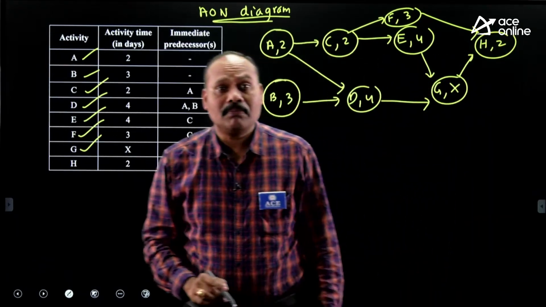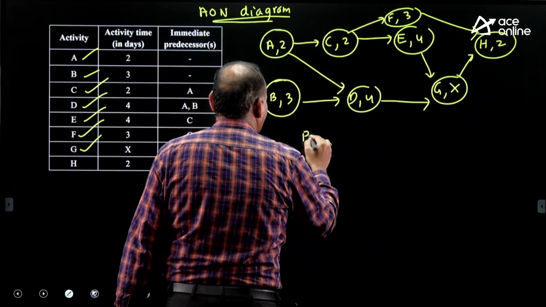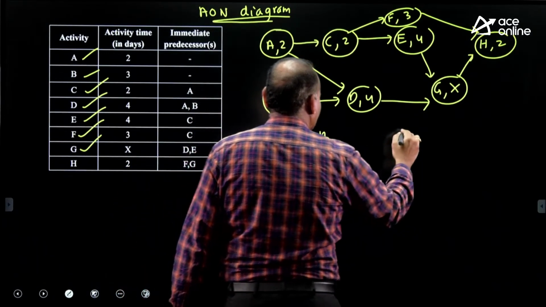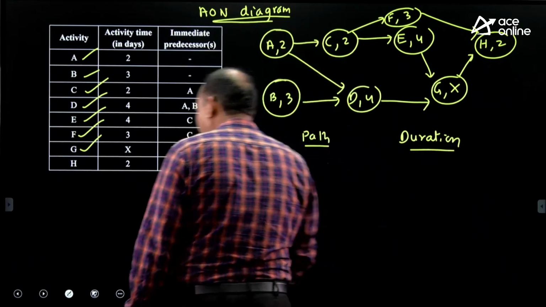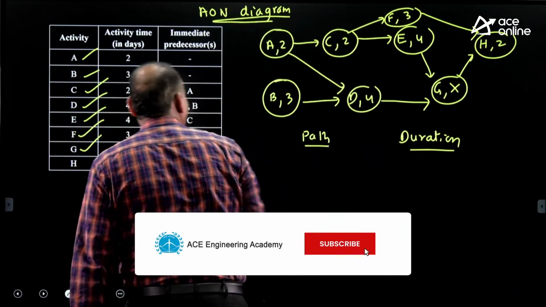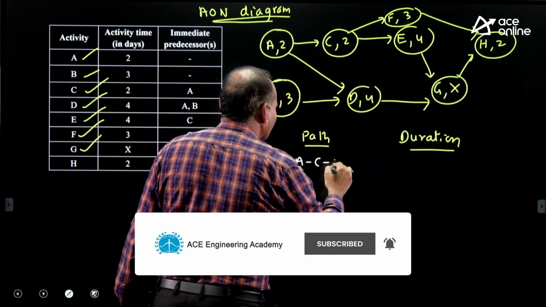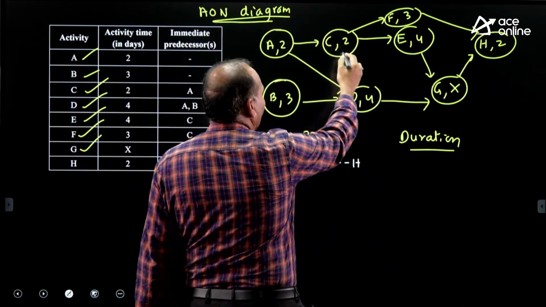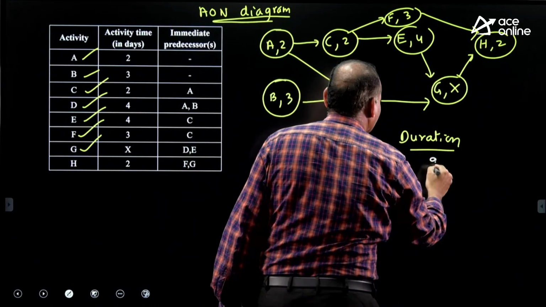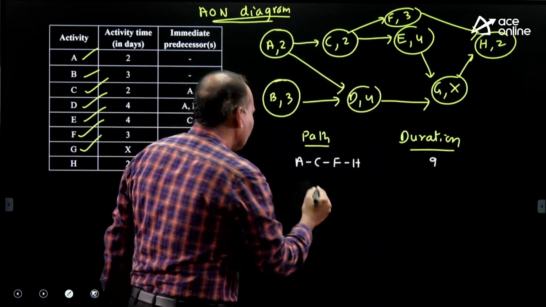After completion of the diagram, take the paths. Path, duration. First path ACFH. Along this path, what is the duration? 2 plus 2 4, 7 plus 2 9. Next path ACEGH.